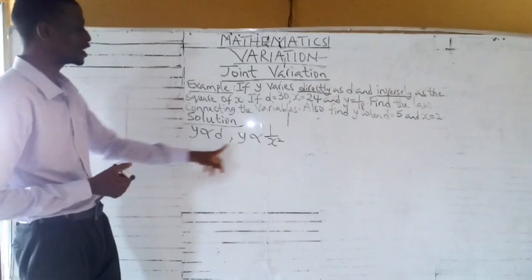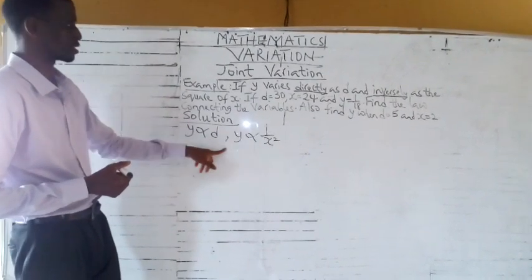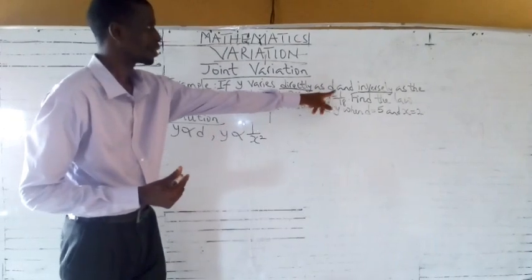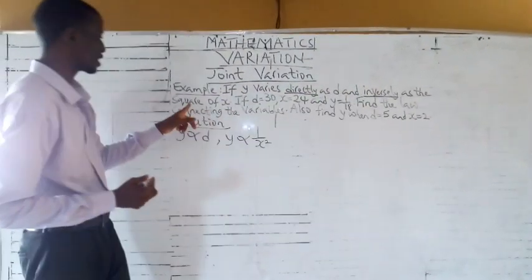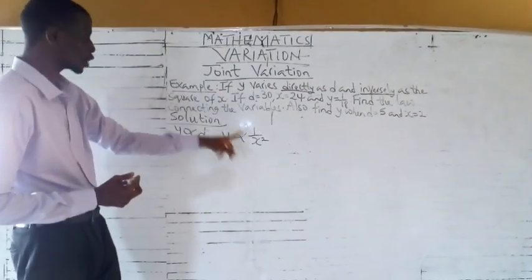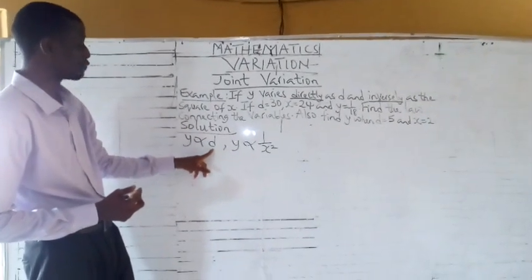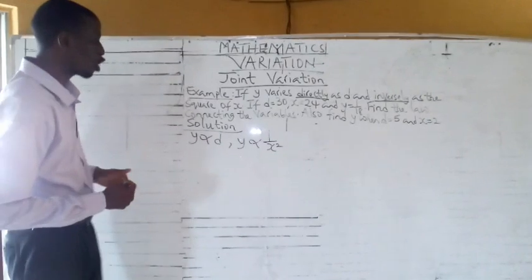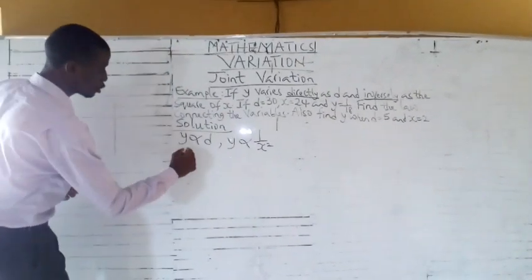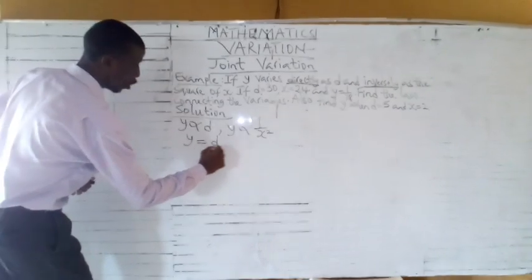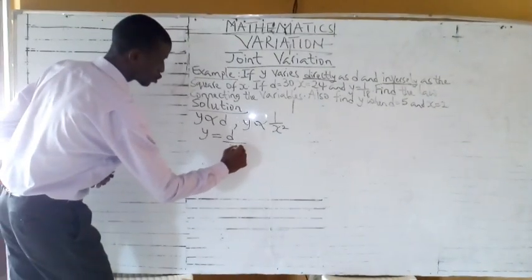Now, to combine these two statements, that y varies directly as d and inversely as the square of x, this is the square of x and this is our variable d. To combine the two is now going to be y varies as d over x squared.